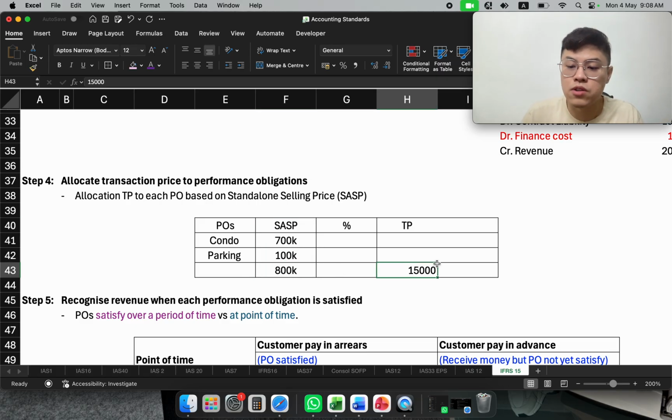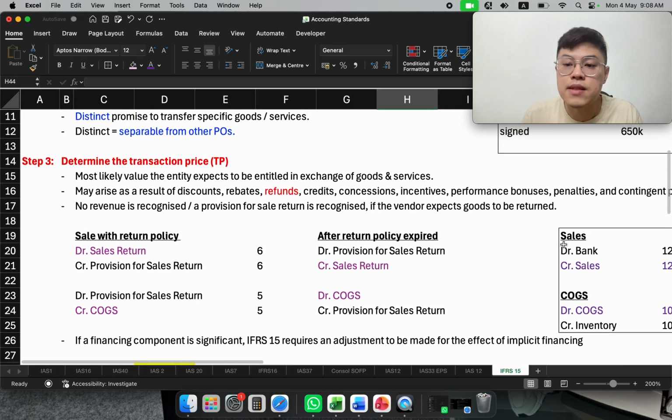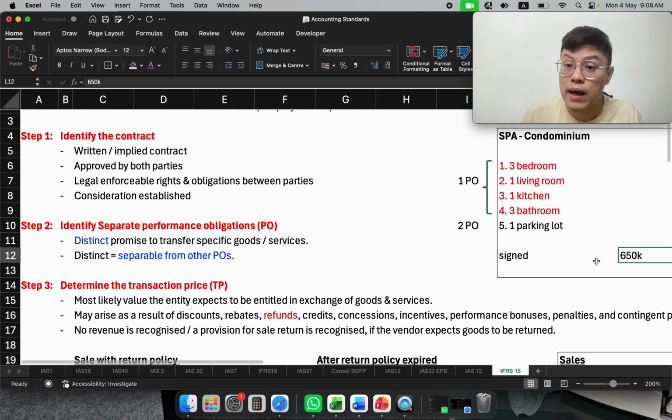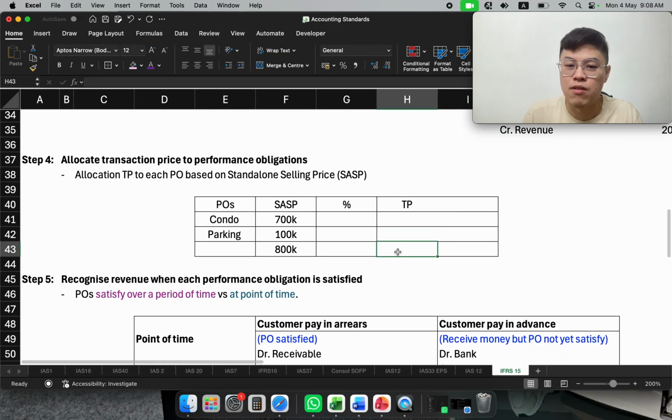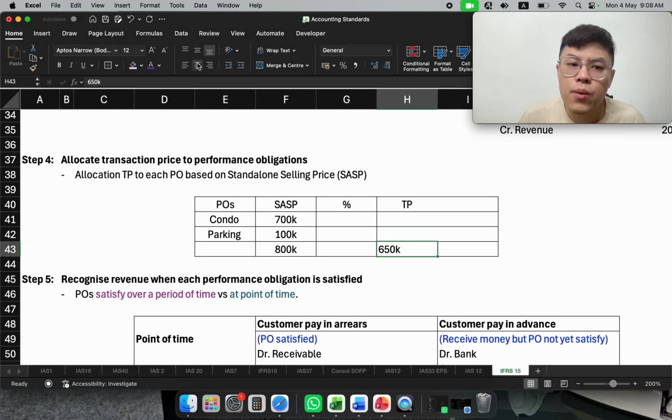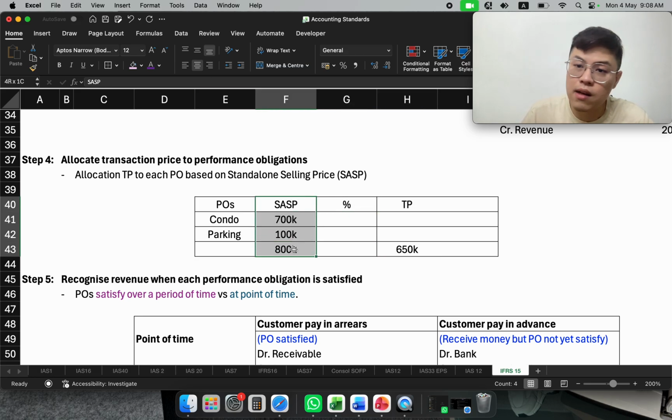But in my contract, my transaction price is 650K. So we get a certain portion of discount. We will need to use the percentage based on the stand-alone selling price. If my condo stand-alone selling price is 700, if I sell it without a bundle, the total is 800K.